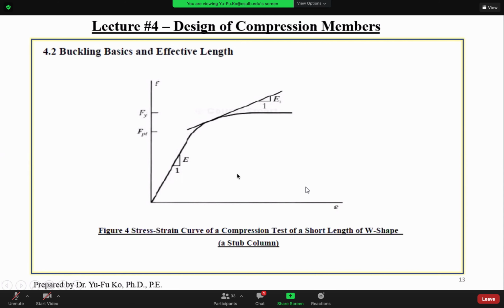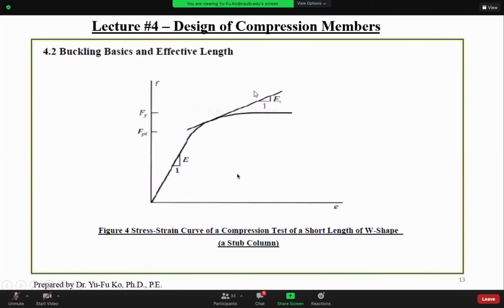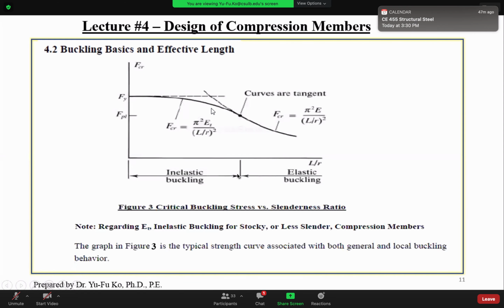But if part of your cross section or member has yielding stresses, you are in this region. For inelastic buckling, maybe it's not purely yielding, but part of the member is in transition to yielding. That's what we call inelastic buckling.